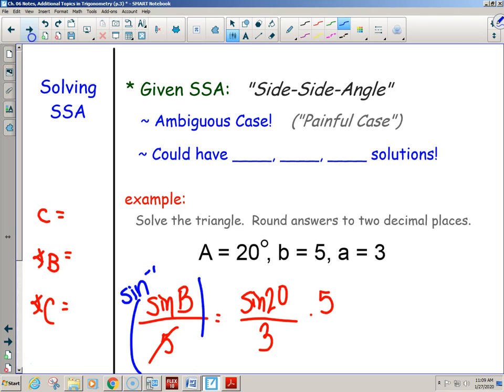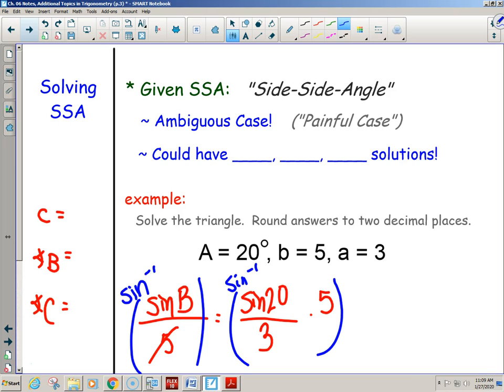Yeah. If you were ever to be in a physics problem and you needed to get to an angle that was stuck inside a trig, you can always do trig inverse. But you guys notice there are words up above like ambiguous and painful and 3 blanks as to 3 different options for how many solutions.